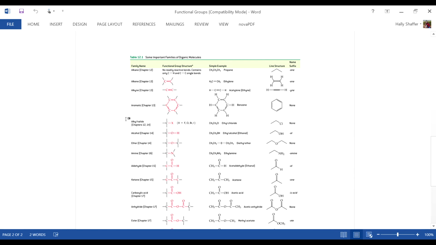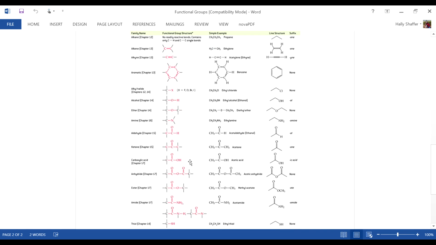This even shows halides, the group 7, where instead of having a hydrogen you could replace it with a Cl, a chlorine, or something else from group 7. It's just an X here. And then the ones we've already seen: alcohol, ether, amine, aldehyde, ketone. These are all ones we've already gone through. You don't need to know the anhydride for me, but it's actually a really cool looking group. If you look on the right, it's a really neat group.